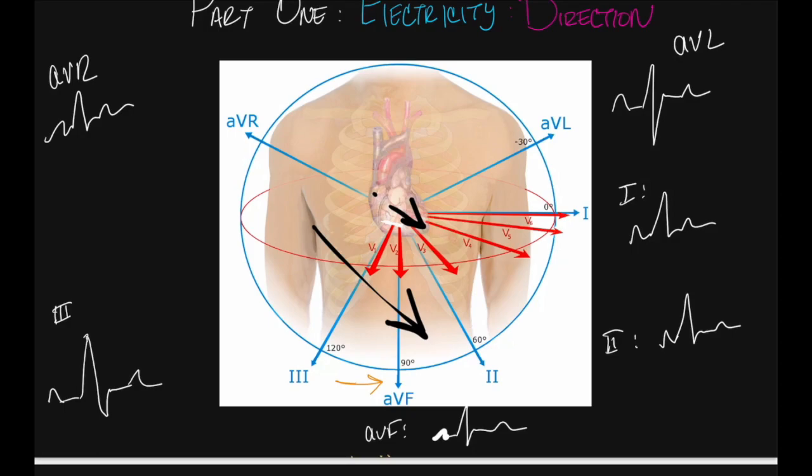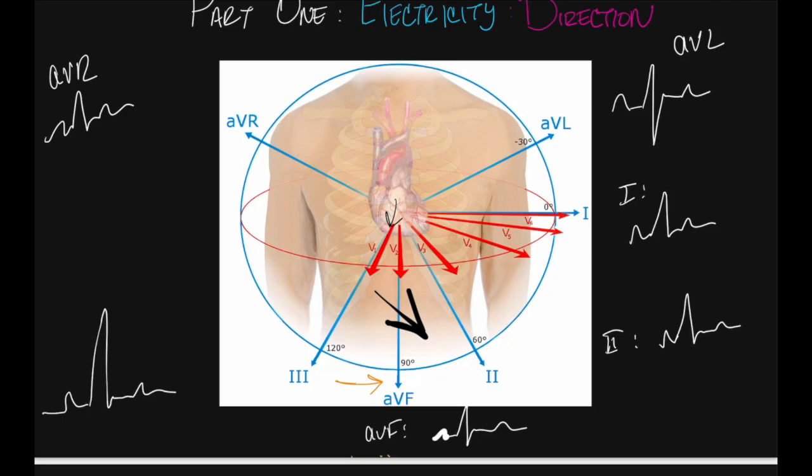Or for instance, if we start seeing lead 3 looking mostly dominant, well, then that would suggest that the electrical activity of the heart is moving in a manner that is predominantly towards lead 3.